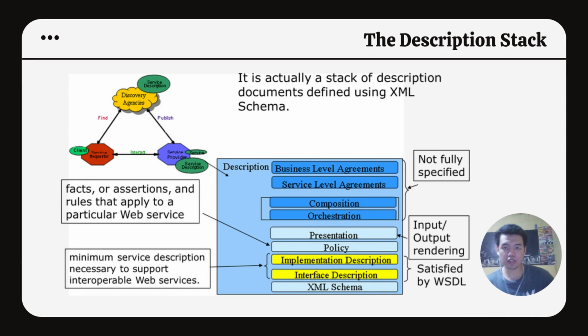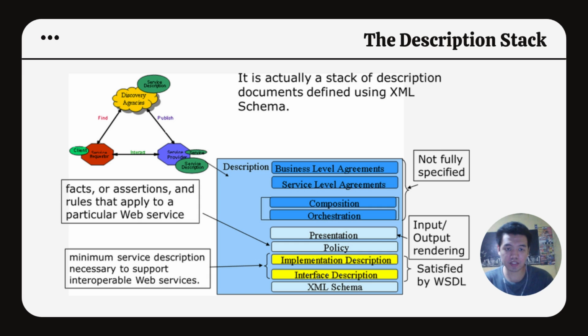Next one, the description stack. It is actually a stack of description documents defined using XML schema. Inside the box, there's business level agreement, service level agreements, composition, and orchestration. That part is not fully specified because that's the part where we're going to put any information. The next is the presentation, wherein the input and output are rendered.